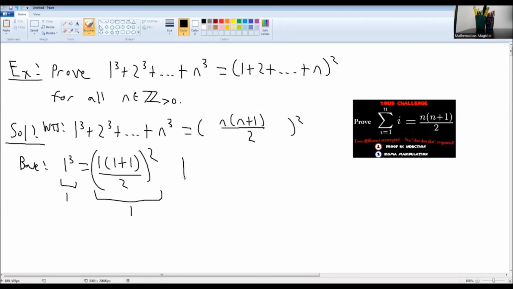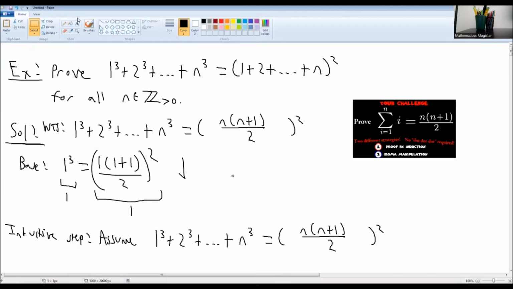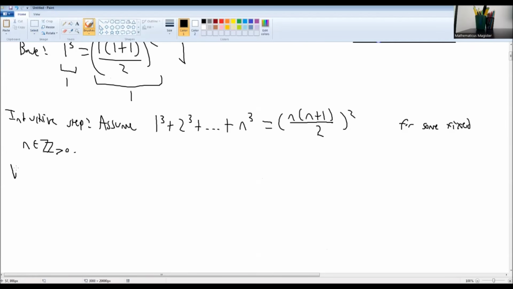So 1 equals 1. This is true. Okay, now the inductive step. For our inductive step, we want to assume that this formula is true for some fixed n, and we want to show that it's true for n plus 1 as well.